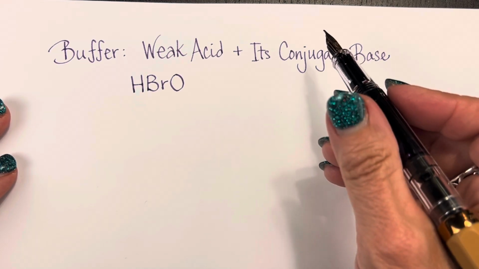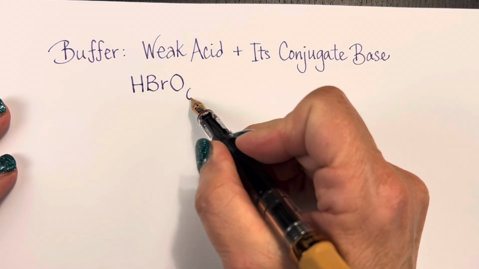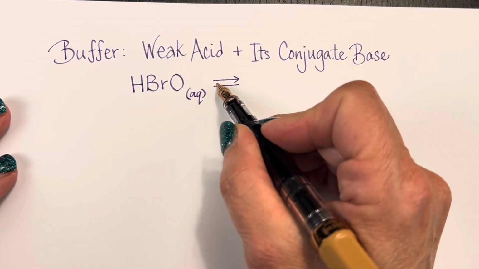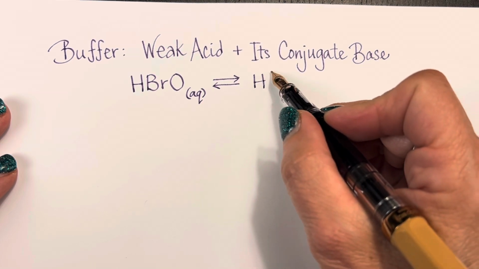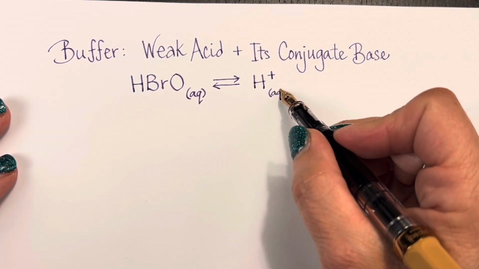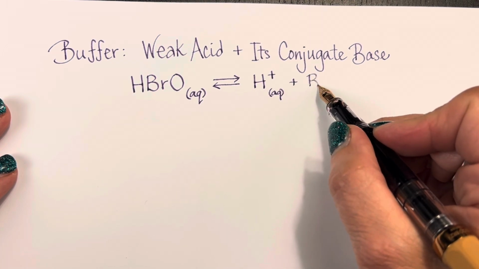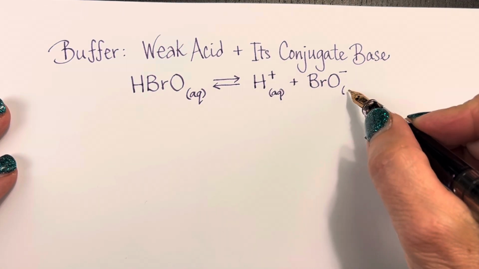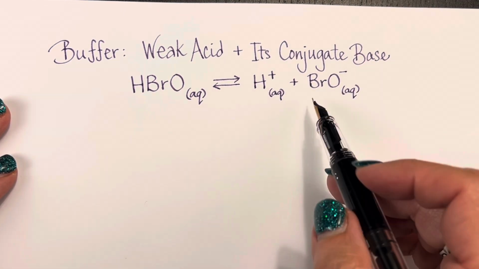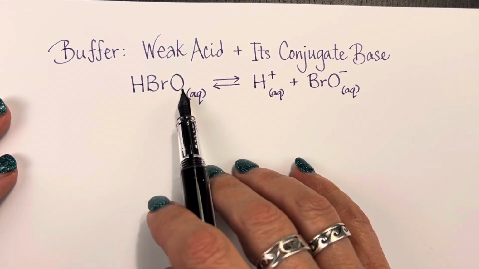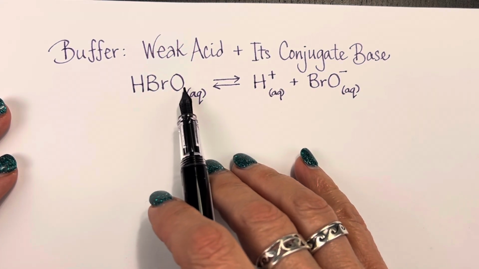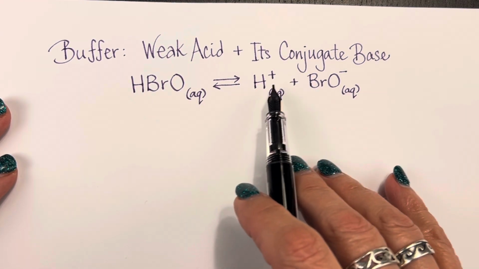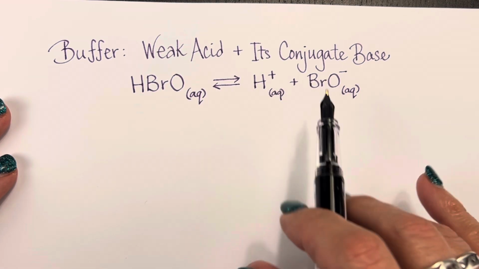When we've got this particular weak acid, it breaks apart slightly to give some hydrogen ions and our BrO minus anion. Here is the conjugate base. So if we had just the HBrO acid by itself, that is all that would be there, and it would break apart into these equal amounts.